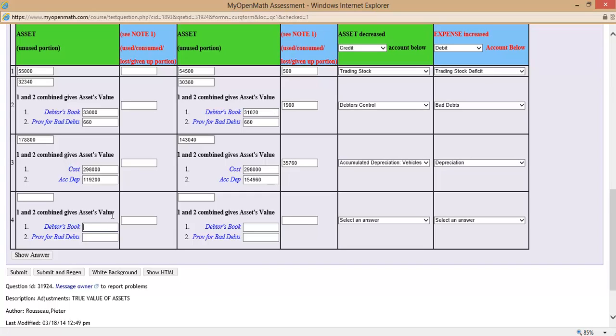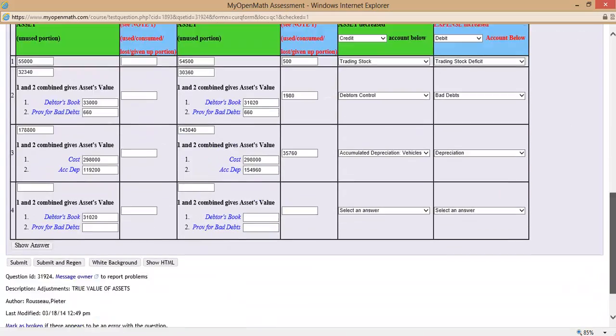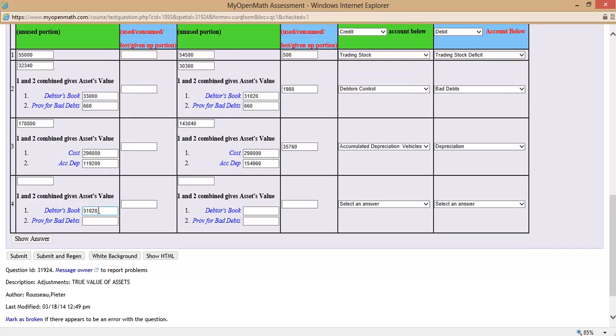So I'm going to start off with a debtors book of 31,020. That's very important that you remember that we've already subtracted the amount of the debt of 1980 that we're not going to recover. Okay, so my debtors book is 31,020.